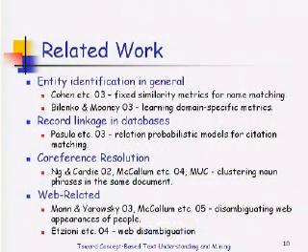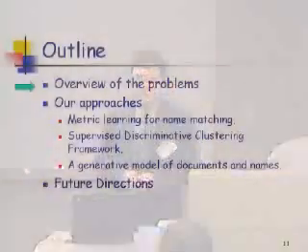And in natural language processing, there is a problem called co-reference resolution. There are a lot of works in this area. The basic idea is to cluster noun phrases according to the entities they refer to. But typically, this is done inside one single document. So people try to cluster noun phrases in the same document instead of in different documents. And there are also currently some web-related works in this area. Some people try to disambiguate web appearances of people, so basically try to cluster personal home pages.